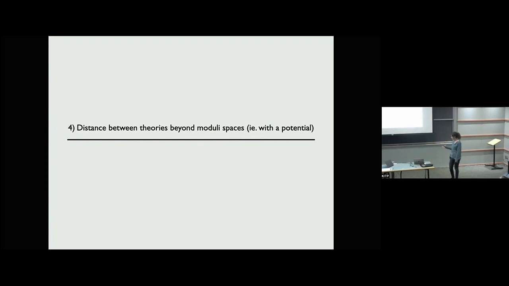But physically, once we break supersymmetry, we're going to have a potential, we're going to leave some directions, others will get some running, and it would be nice to think more generally about how to handle this.